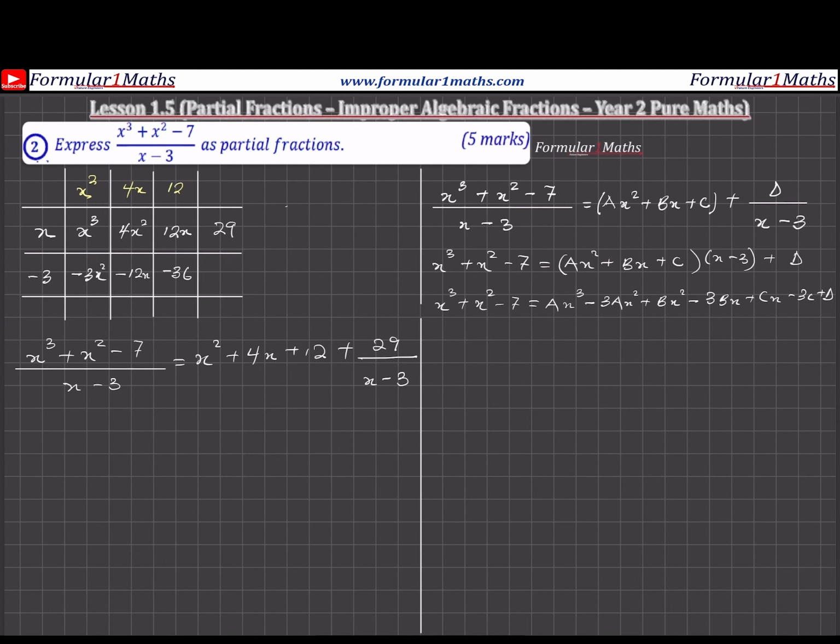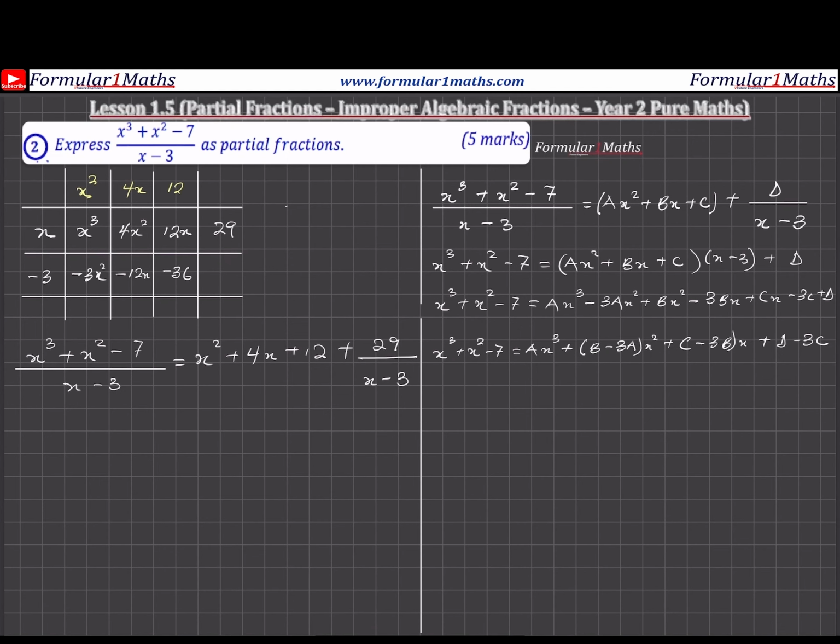I'll now collect like terms, and I'm going to get x cubed plus x squared minus 7 on the left-hand side equal to ax cubed plus (b minus 3a) times x squared plus (c minus 3b) times x plus (d minus 3c).